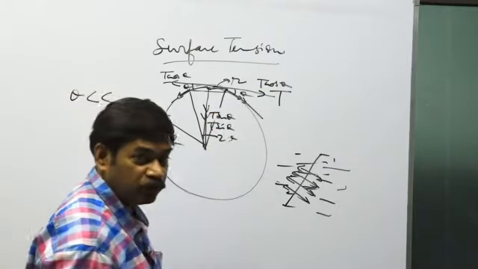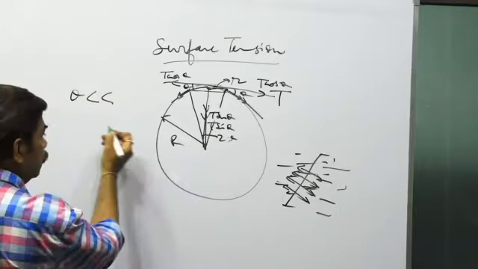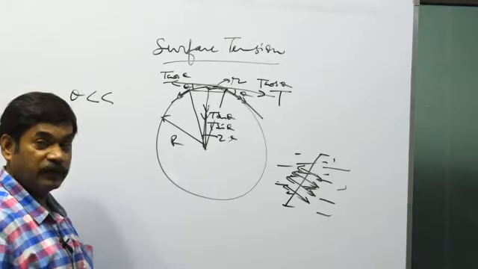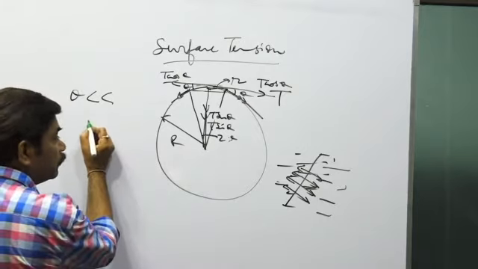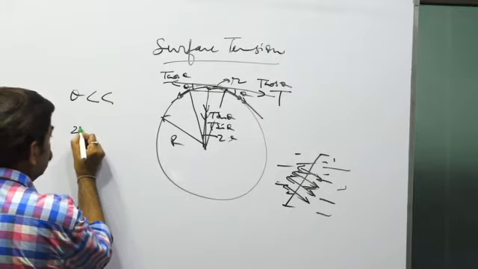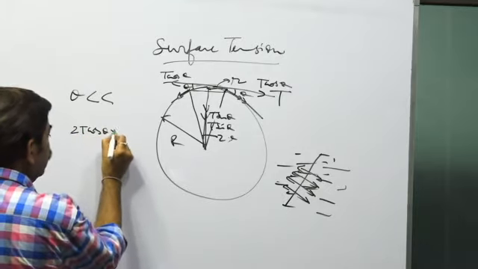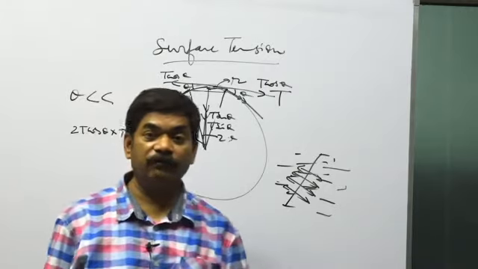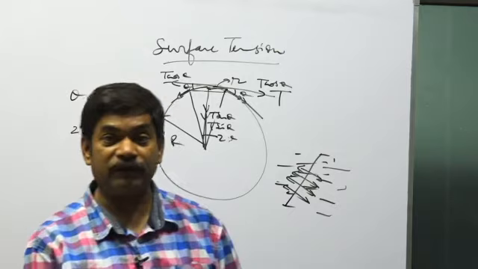So the total force towards the center becomes what? Notice it carefully. Do you remember, surface tension T was the force acting on the unit length.